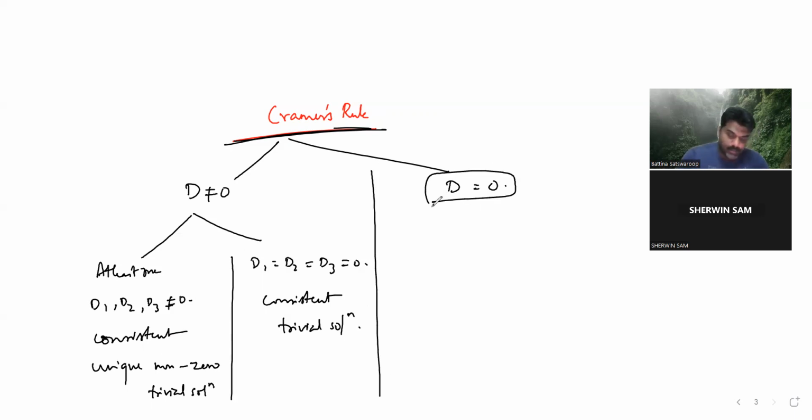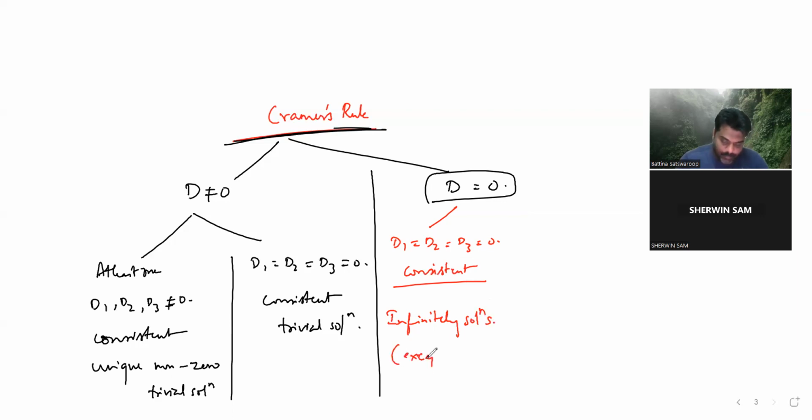Again, coming to the case D equals 0. If D1 equals D2 equals D3 equals 0, it is consistent. It will have infinite solutions, except parallel lines, which give no solution.